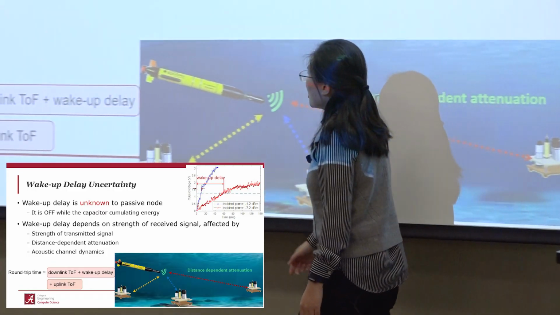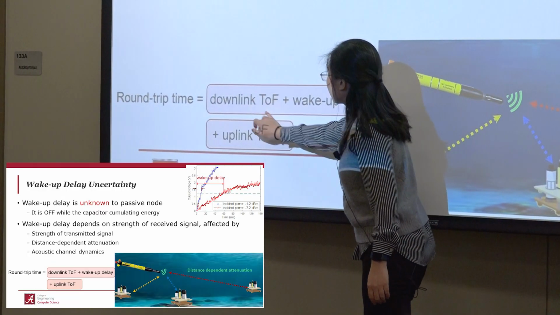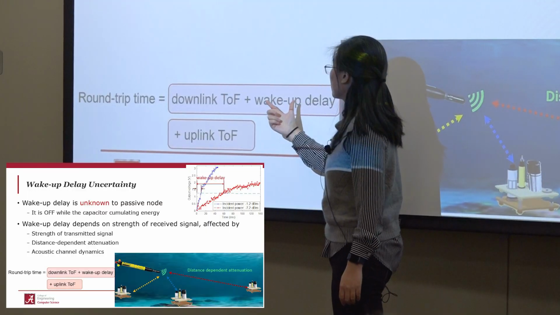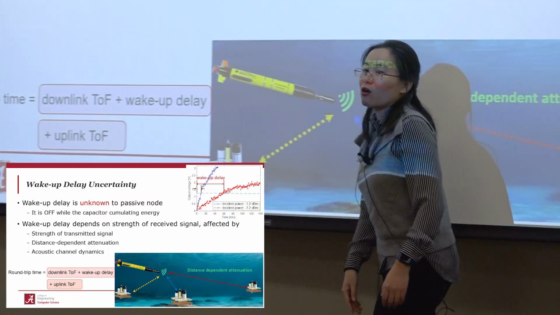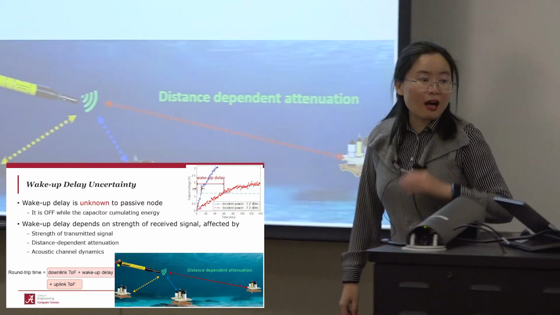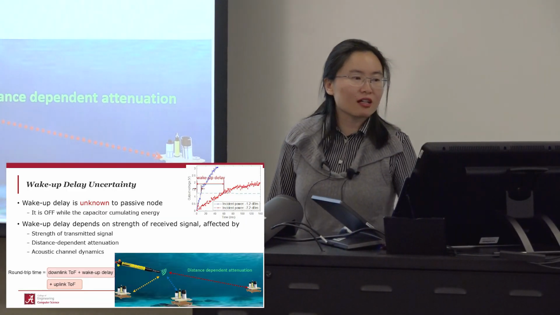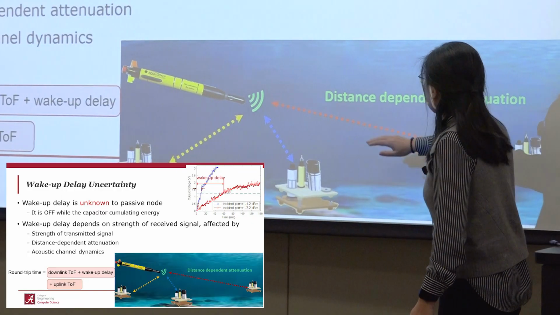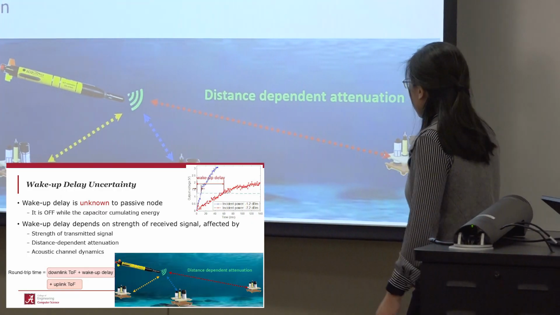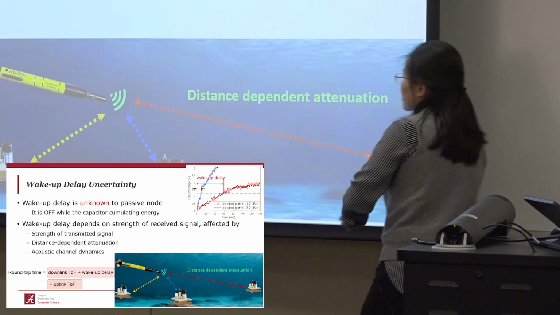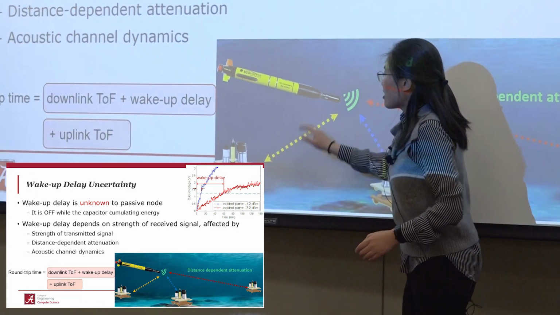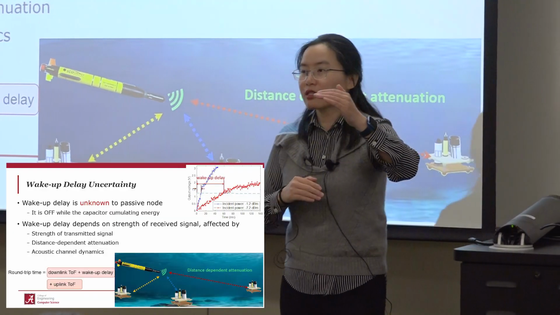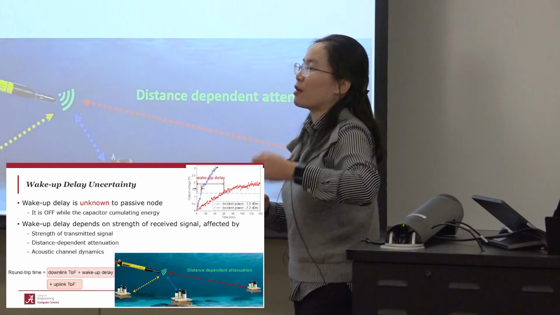So that means in order to get the time of flight, we have to get an accurate estimation of the wake-up delay. Unfortunately, this delay is not deterministic because it relies on the distance. If you have a closer transponder, the ping signal it receives is strong, so it will wake up very quickly.